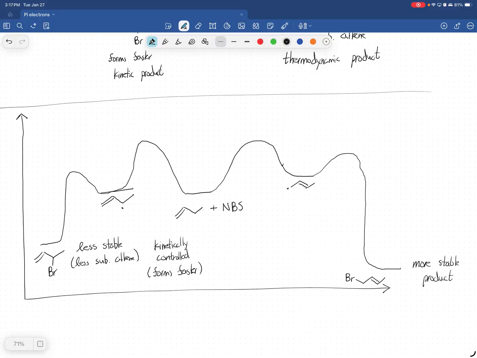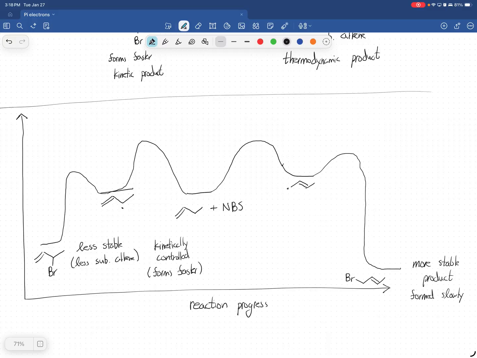This is the more stable product, but it's formed more slowly. All right, and it forms slowly because you have to go through the least stable, least substituted radical right there, and that's what causes the reaction to be either controlled by temperature or time. So here's reaction progress.